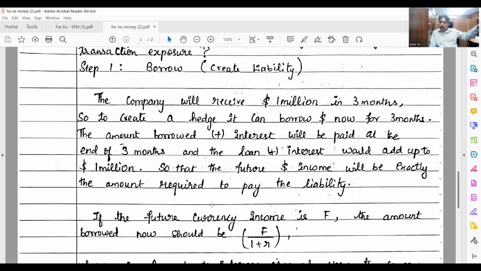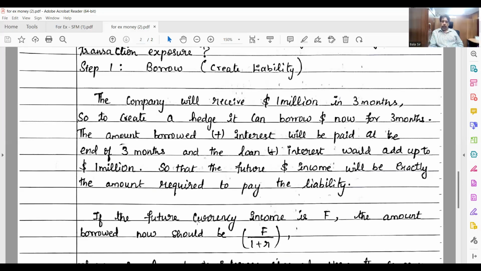So borrow, in brackets, create a liability. So the company will receive $1 million in 3 months. So to create a hedge, it can borrow dollars now for 3 months. Now the amount borrowed plus interest will be paid at the end of 3 months, and the loan plus interest would add up to $1 million, so that the future dollar income will be exactly the amount required to pay the liability.